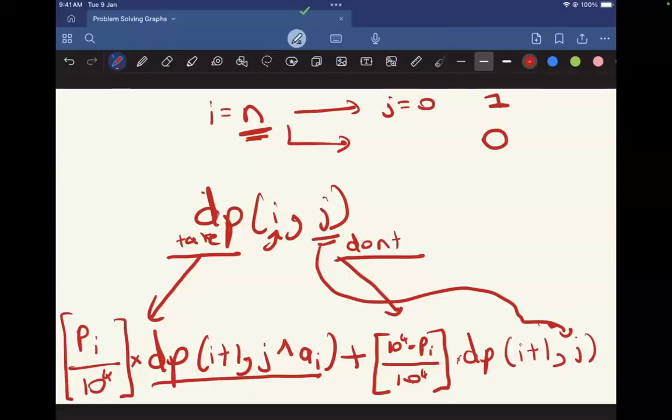Now the next states are dp of i plus 1, j XOR a[i], and dp of i plus 1, j, and the XOR remains as it is. Is this much clear for everyone? Yes? Gautam says yes. What about others?